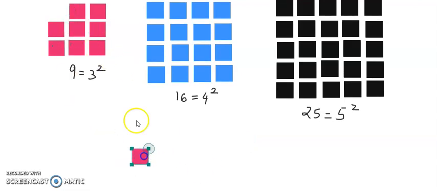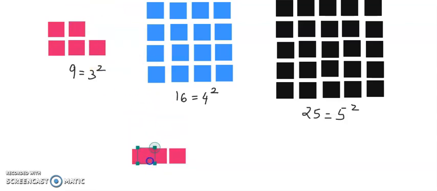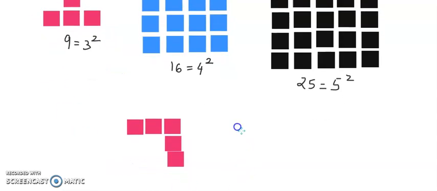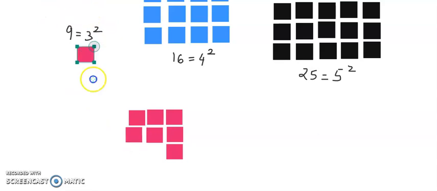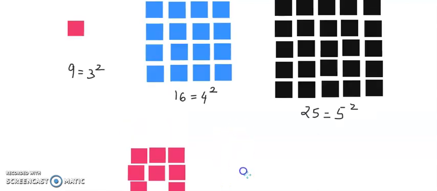Okay, so let me place my 3 square, that is 9 squares, like this. Let me go a little bit up because I need to shift them. I need to bring my 1 square which is left out up.